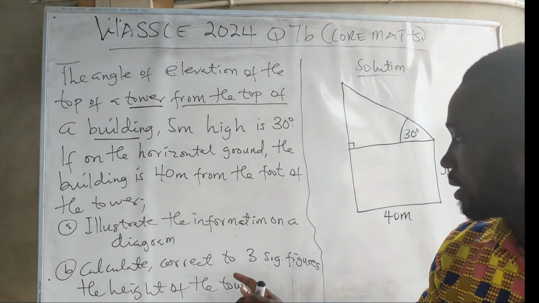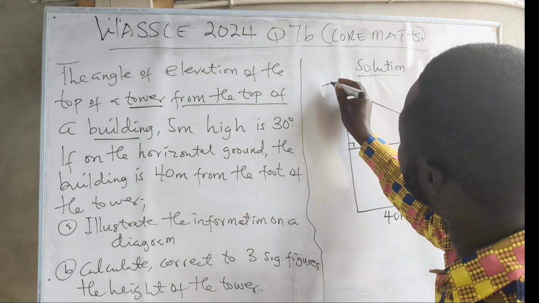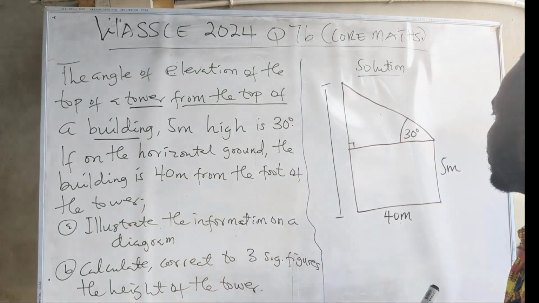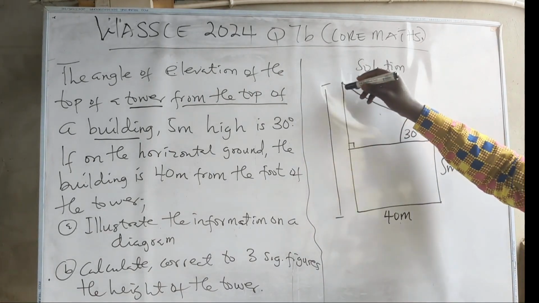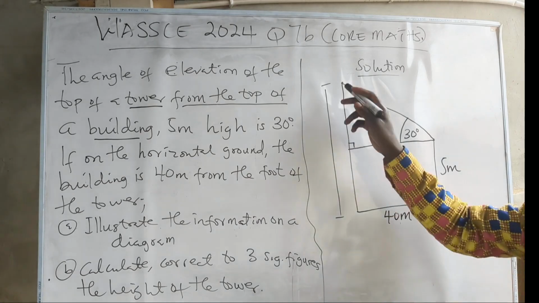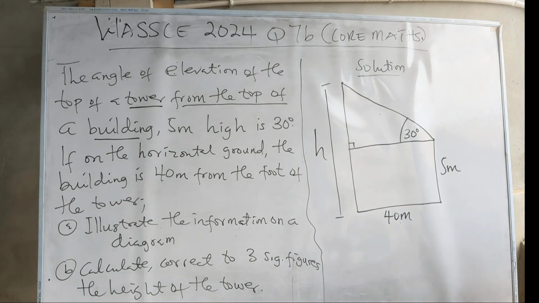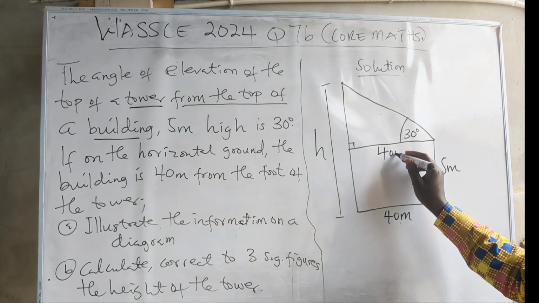Calculate, correct to 3 significant figures, the height of the tower. So the height of the tower is from here to here. If here is 40, what will be here? Here will also be 40.